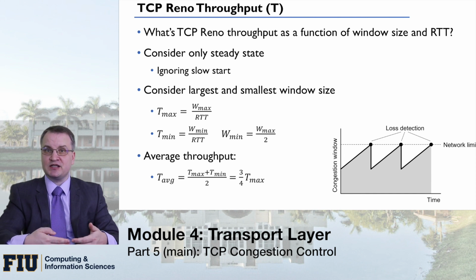So if your network limit is X, the TCP throughput of one flow will be 3/4 of X. It looks a bit bad, but in reality it's not that bad, because usually we don't have just one flow in the network, but rather a combination of multiple flows. And in reality, when you have a mix of TCP flows, they actually consume all available bandwidth in the network.